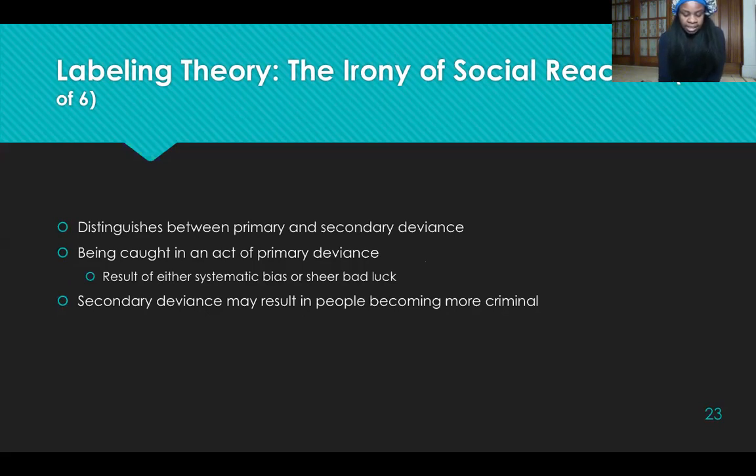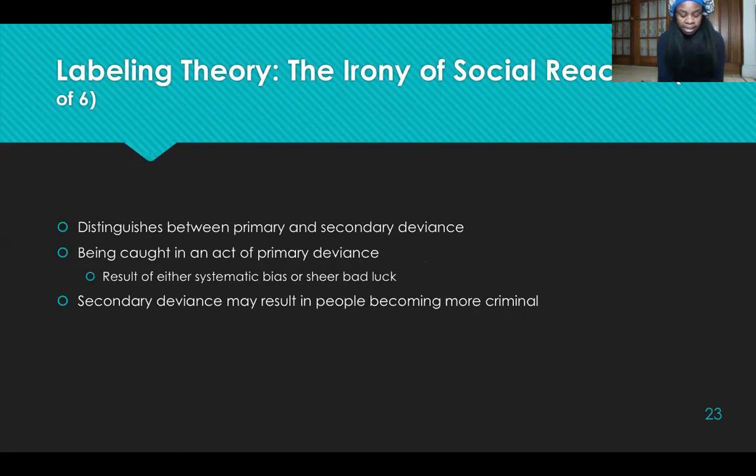Primary deviance is the initial non-conforming act that comes to the attention of the authorities. Okay. Primary deviance is of interest to labeling theories only insofar as it is detected and reacted to by individuals with power to pin a stigmatizing label to the rule breaker.